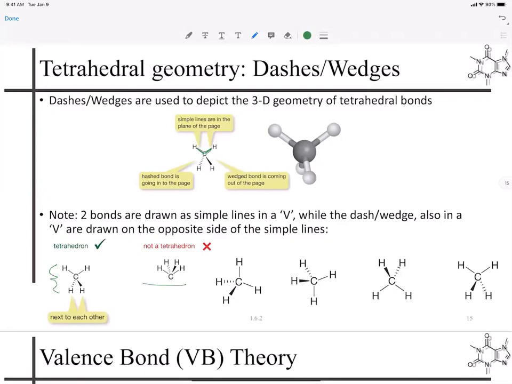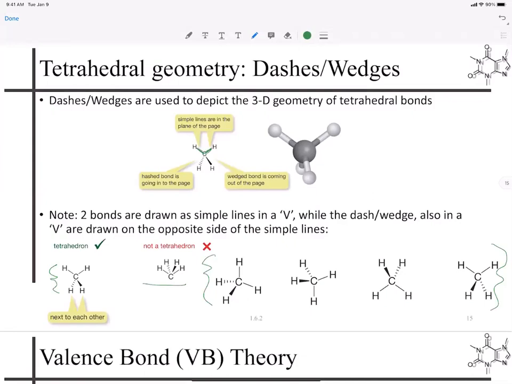The thing to remember is that you can rotate these different tetrahedral carbon atoms. So there's no rule, so to speak, that says that the two bonds that are in the plane have to be pointing in a particular direction. So pay attention to these four tetrahedral carbon atoms that have been drawn here, and just look at where the dashes and wedges are placed, and in relation to where the two bonds are that are in the plane of the paper, and how they're placed.